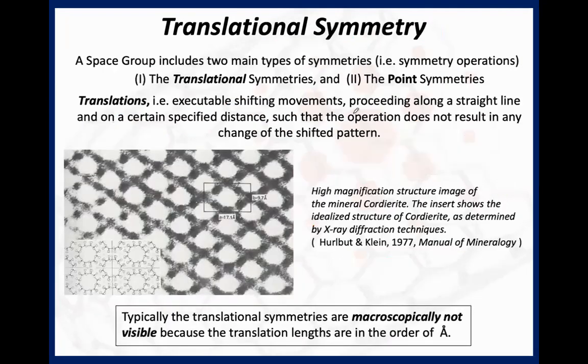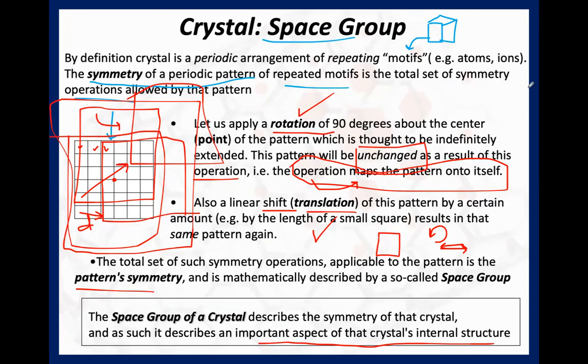Right. Translational symmetry, as we described before, is a kind of geometrical rearrangement of the crystal, and the point symmetry is equivalent to the rotation, because we are rotating the crystal or the object along an axis.